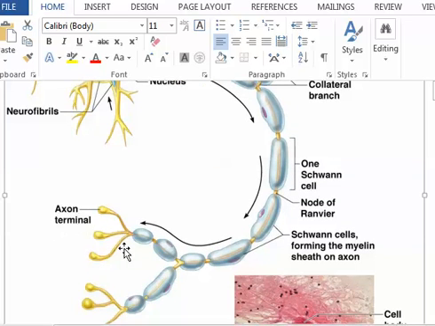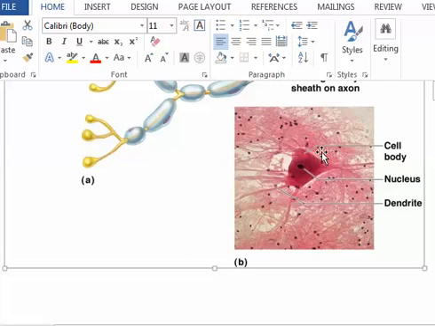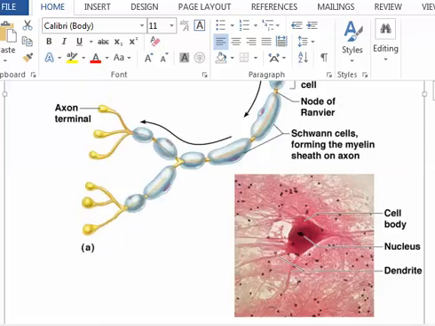But let's look here at the ends. Here we can see the axon terminals. So again, here is the cell body, the nucleus, and here are the dendrites, which are bringing the impulses towards the cell body.